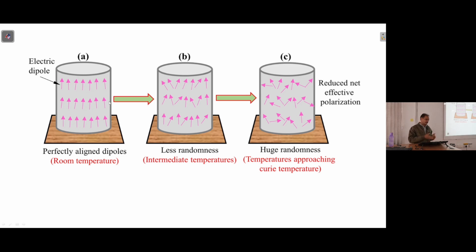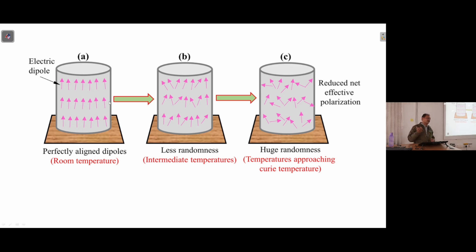This polarized state that we enforce, in a way, we apply a high electric field and polarize the material. Due to that it stays there, because there is a resistance to coming back to the original position. But when they get heat input, this thermal energy causes higher vibrations. So then again randomness increases. So rather than being aligned in one direction, they get randomly aligned.